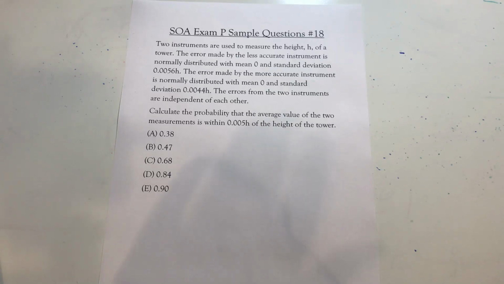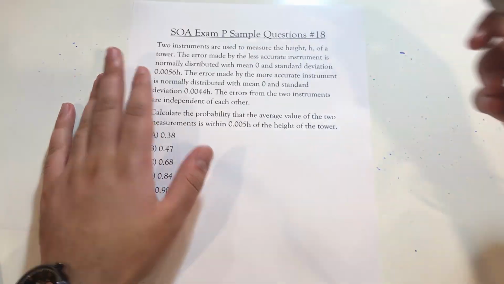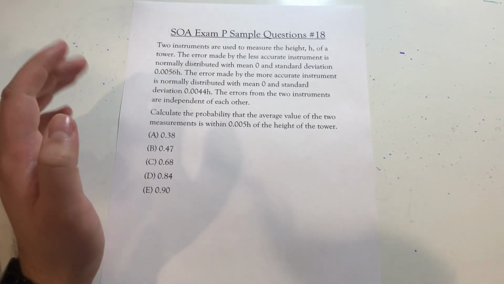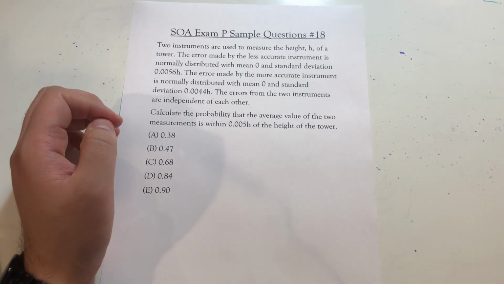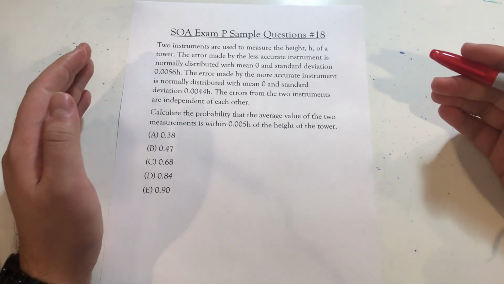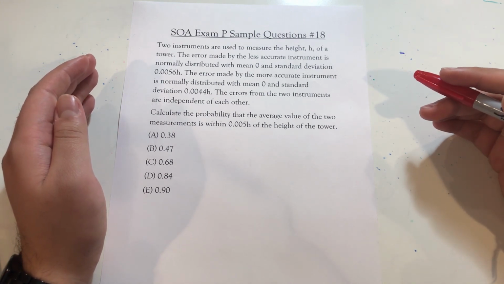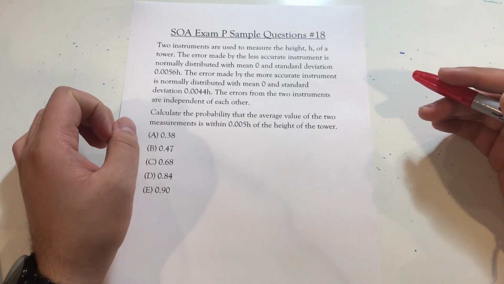All right, so in this video, we're going to go through sample question 18 from the Society of Actuaries Exam P list of sample questions. So the question reads, two instruments are used to measure the height h of a tower. The error made by the less accurate instrument is normally distributed with mean 0 and standard deviation 0.0056h.